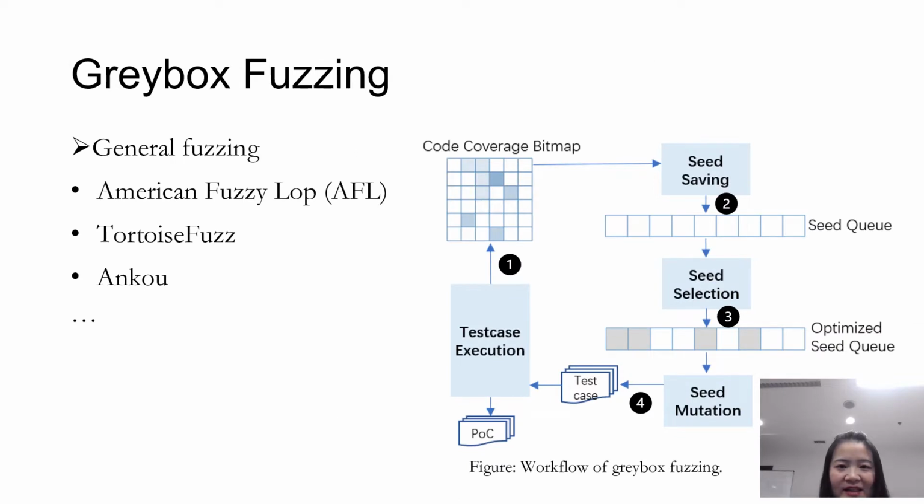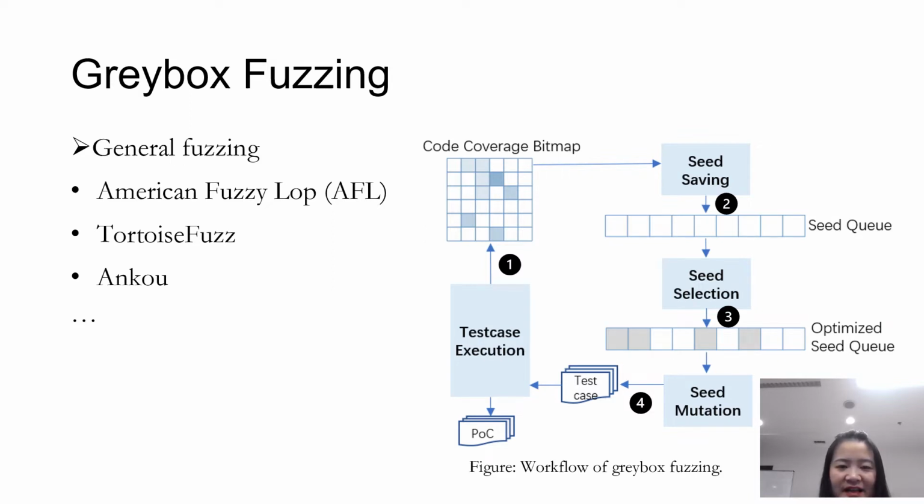Fuzzing is a widely utilized technique to find memory corruptions, and greybox fuzzing is the most popular one. In general, they share the workflow of guiding the fuzzing process with feedback extracted from program execution. They first execute the mutated test cases and record the execution information such as code coverage feedback.